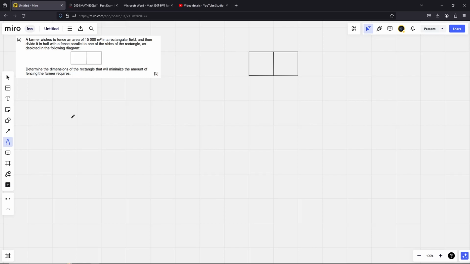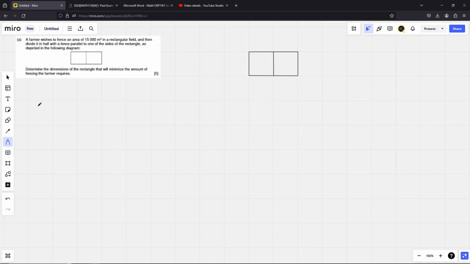Okay, so today we're going to be working on an optimization problem from the 2019 June examination for Maths 130, and it says a farmer wishes to fence an area of 15,000 meters squared in a rectangular field.